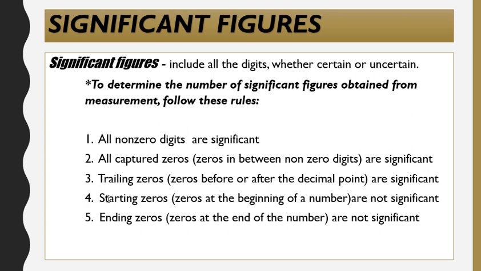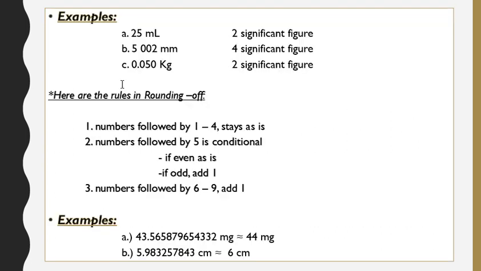Take note again, starting zeros at the beginning of a number are not significant. Lastly, ending zeros, zeros at the end of the number, are not significant. Take note, this does not involve a decimal point. So let's give examples.